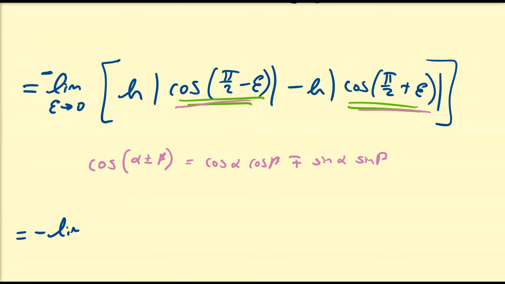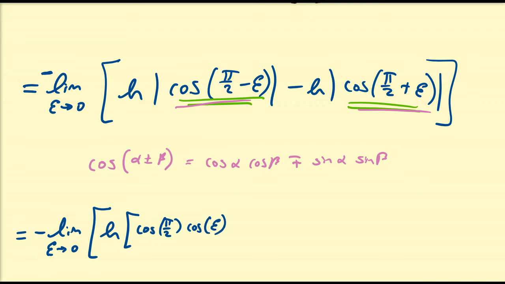the negative limit as epsilon goes to 0 of the natural log of, so we have cosine pi over 2 cosine epsilon, and since that's minus, I'm going to change it to a plus, so plus sine pi over 2 sine epsilon.